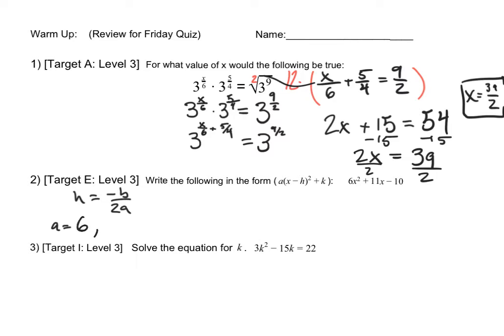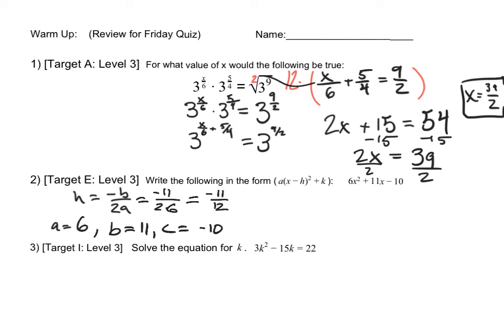So just going to write that down. a equals 6, b equals 11, c equals minus 10. All right, so this negative b over 2a thing, well, that's equal to negative 11 divided by 2 times a, which is 6. So that's negative 11 over 12.